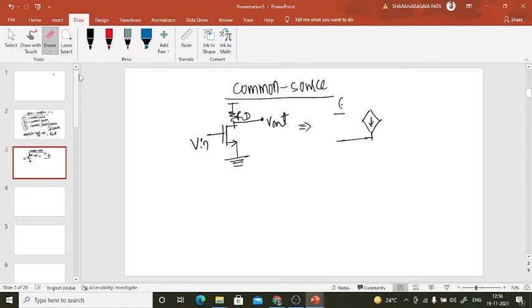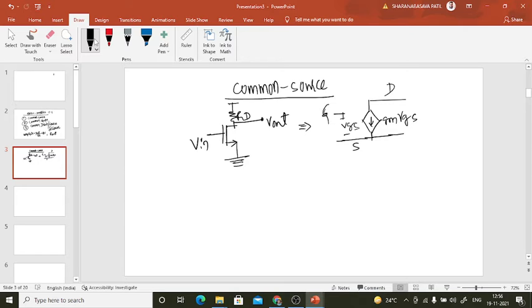This is gate, this is source, this is drain. This is the small signal model of MOSFET. It is the same for both N-type MOSFET and P-type MOSFET. The small signal configuration figure is the same for both kinds of MOSFETs.